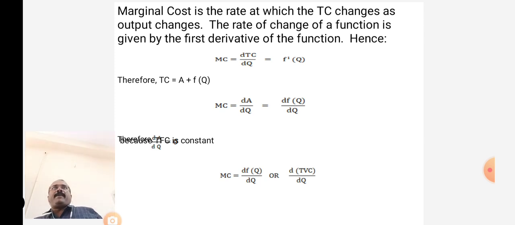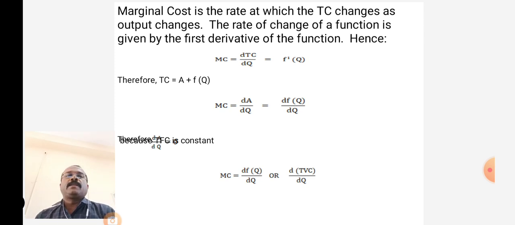So manufacturing cost is always equal to dTC divided by dq. Therefore TC equals A plus f of q, that is, total cost is always equal to A plus f of q, where MC is dA divided by dq plus df of q divided by dq.